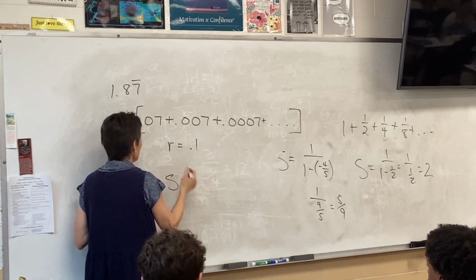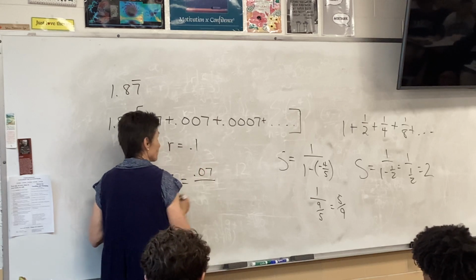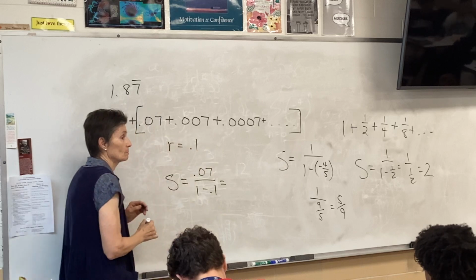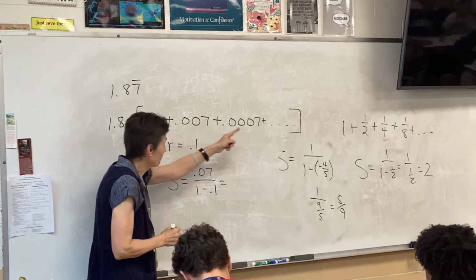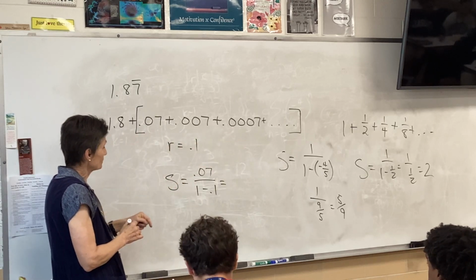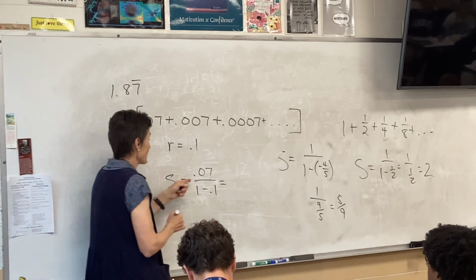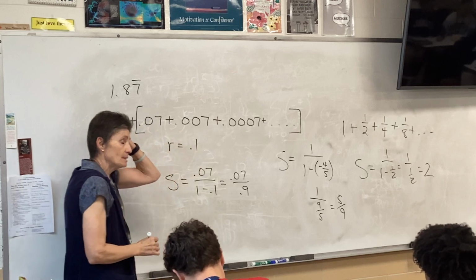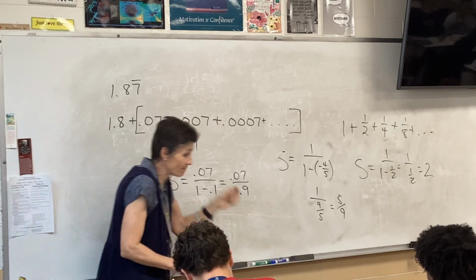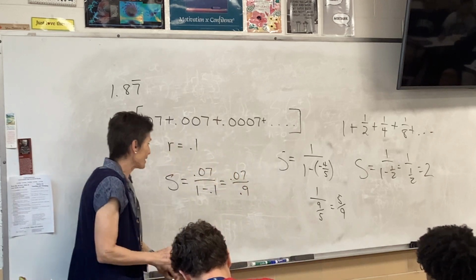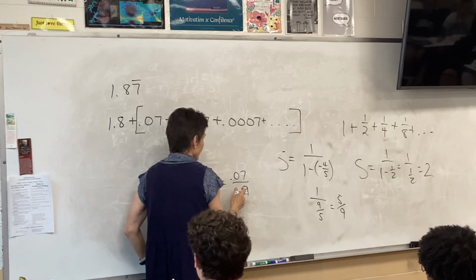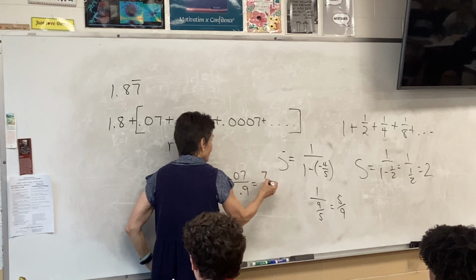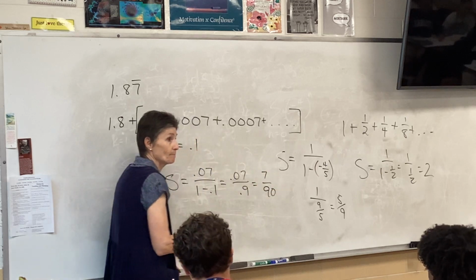So the sum is the first term over 1 minus the common ratio. That's 0.07 over 0.9. Now my job is to make a fraction. Fractions aren't supposed to have decimals, so I'm going to move those decimals out of the problem. Would you agree 7/90ths?